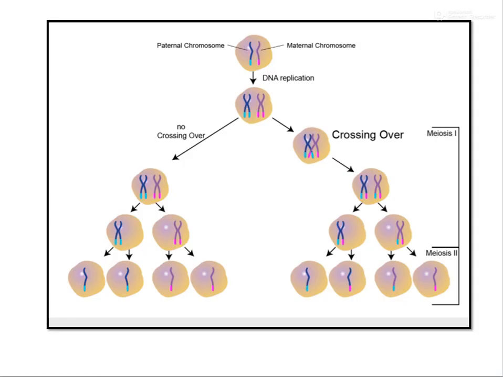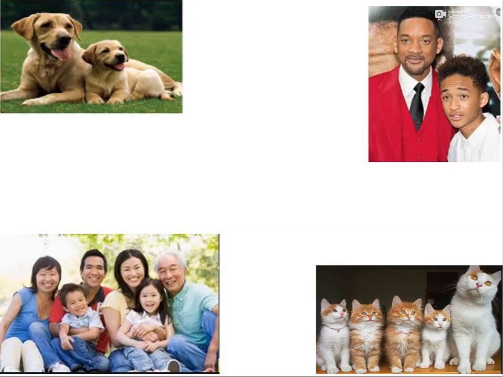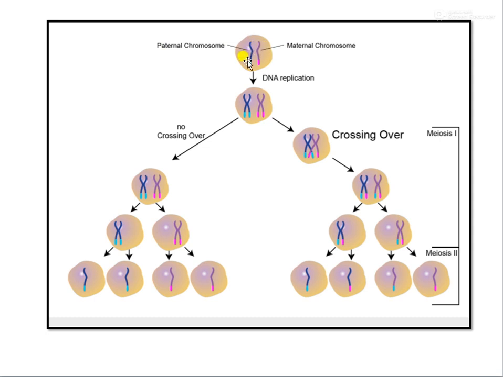Now, consider an individual, the father. Say you're taking Will Smith. Will Smith has a chromosome which he obtained from his father, and one which he obtained from his mother. When that individual is producing his gametes, what happens?